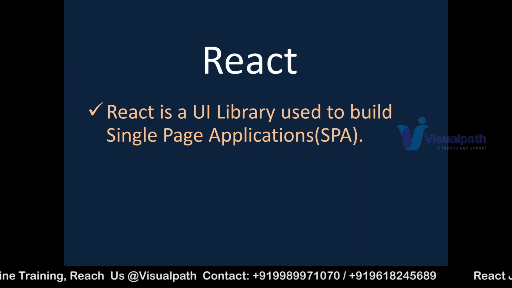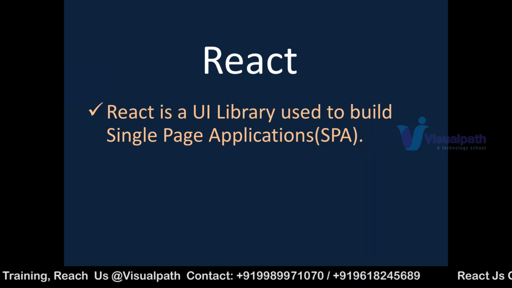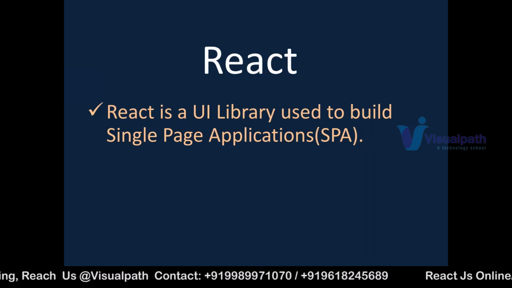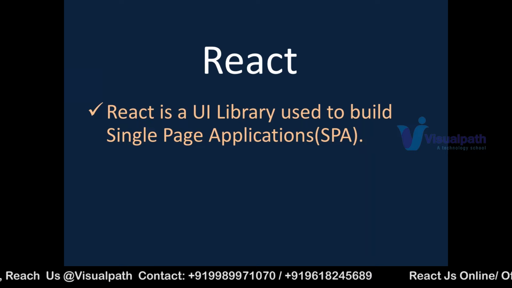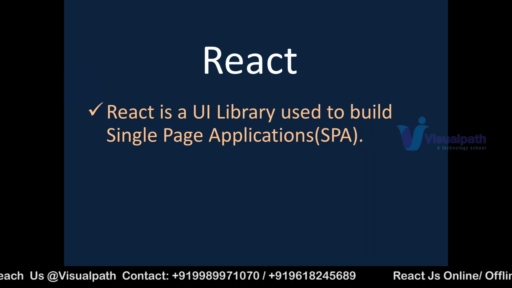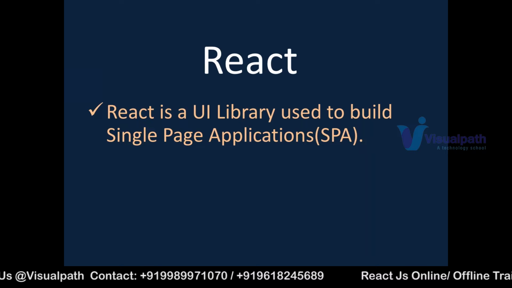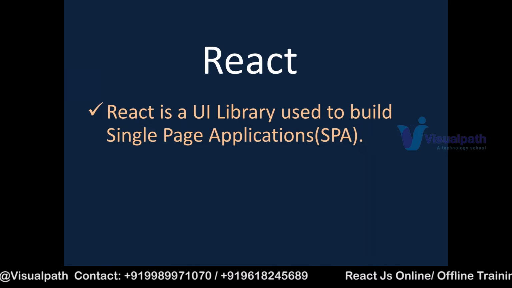The moment you click one button or some link, instead of loading a new contact page or new about us page, just the information related to about us, that is the component related to about us, will be displayed. That is called a component structure.